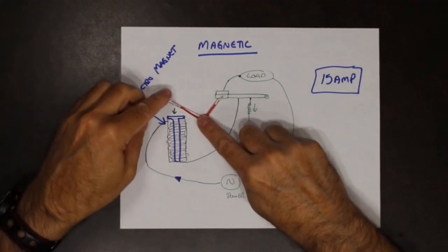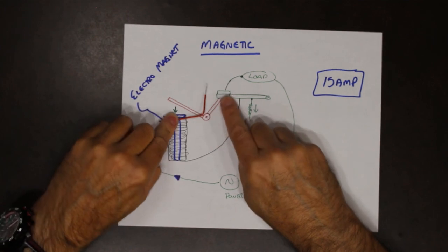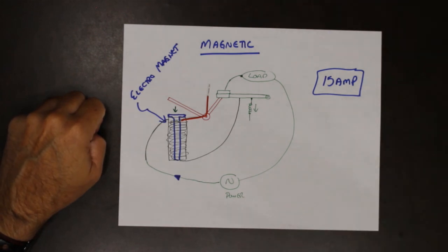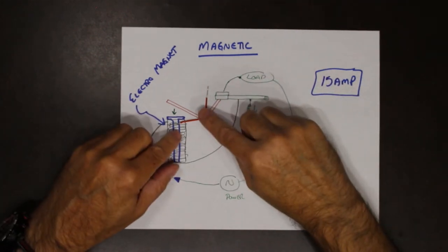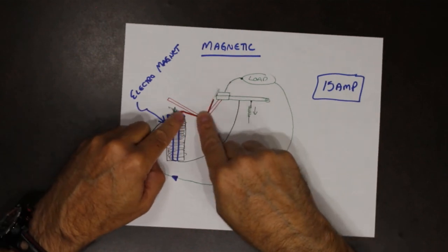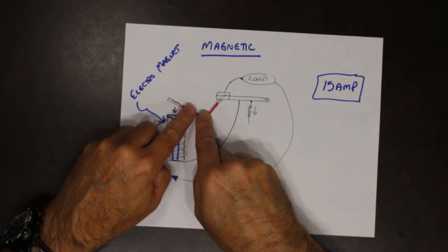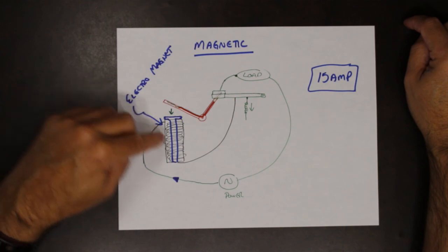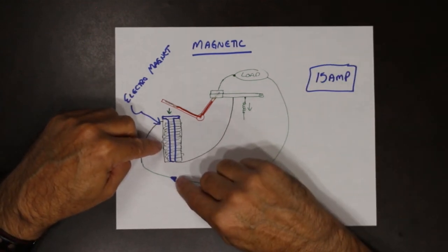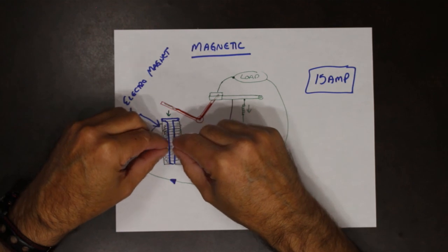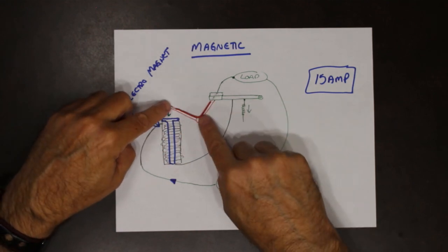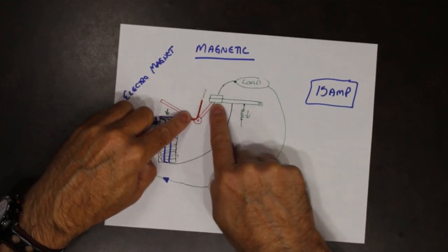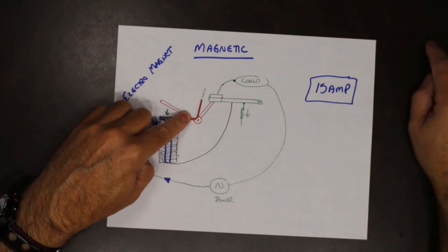So what happens is the arm gets attracted to the magnet, pulls out from underneath the contacts, the spring then opens up the contacts, breaking the circuit. Then we basically click a button, and this goes back up underneath, and we're all set to use again. So this one is using an electromagnet. Once the current is strong enough, it will create a magnetic field that is strong enough to pull this arm. And once it does, it pulls it out from underneath the contact, and the spring will do its job.